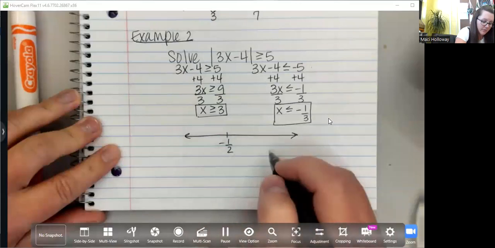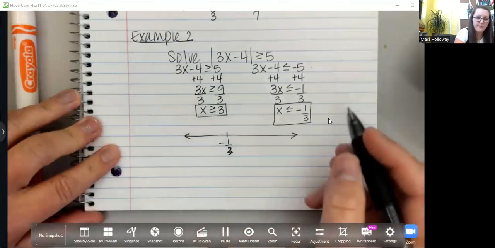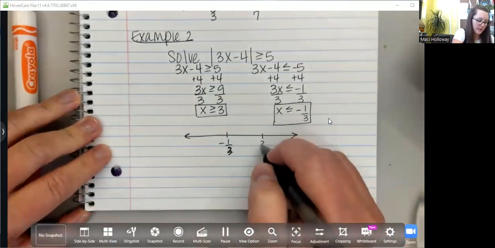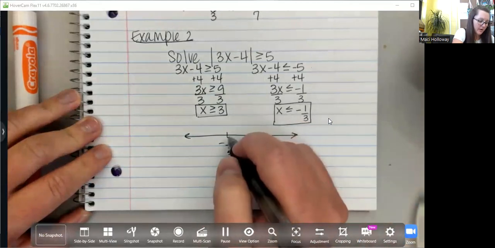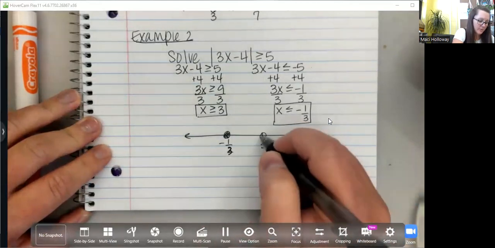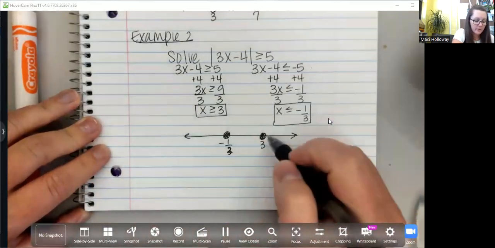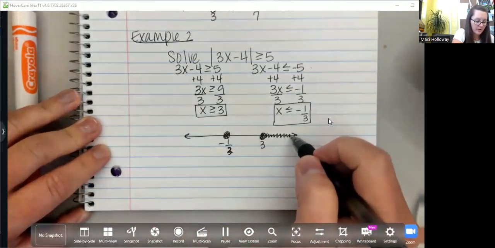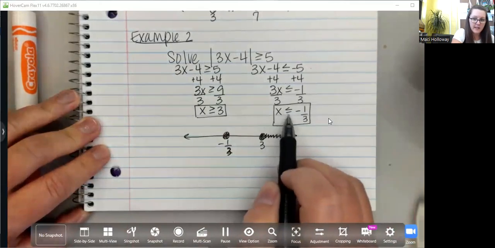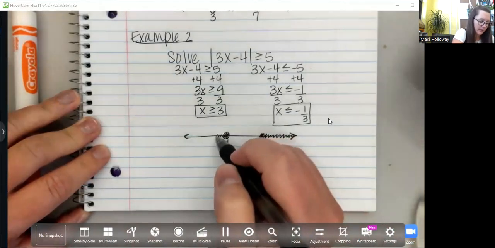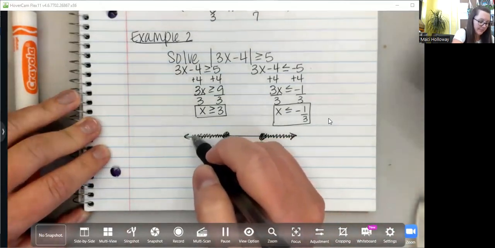Put your smaller number first. Oop, I put 1/2. That's 1/3. And a 3 over here. They are also equal to, so I'm going to shade those in. This says x is greater than or equal to 3. So I'm going to color it this way. X is less than or equal to negative 1/3. So I'm going to shade it this way.